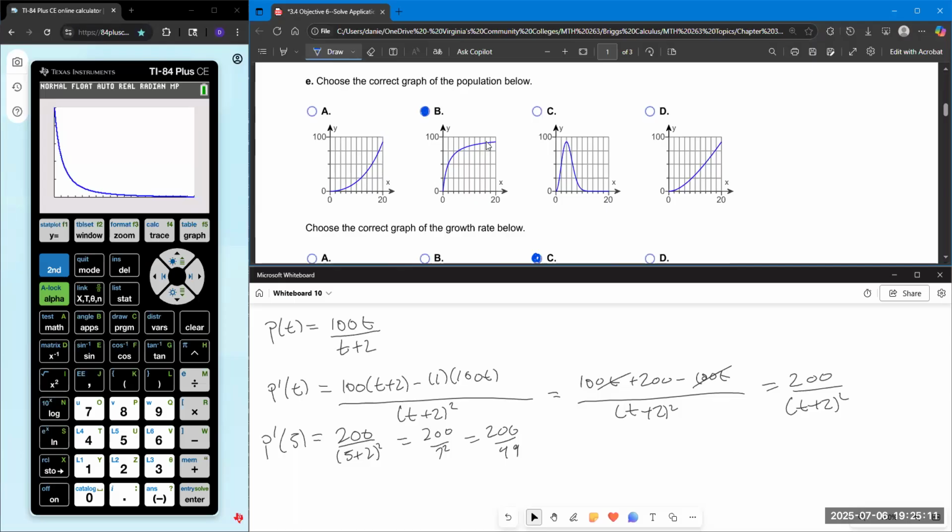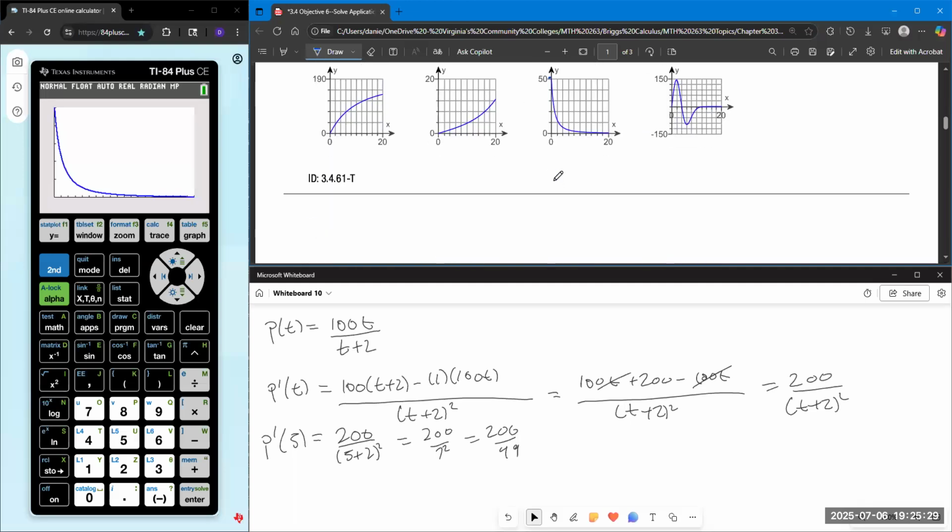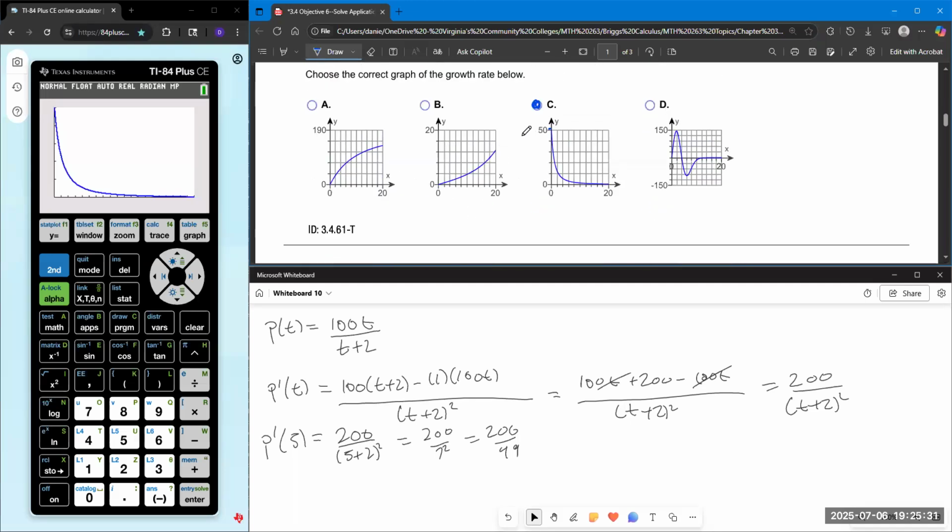It's increasing quickly, and then it's increasing slower and slower, and it's approaching a constant, like so. So that graph there is the population graph, and then that one there is the rate of change graph.